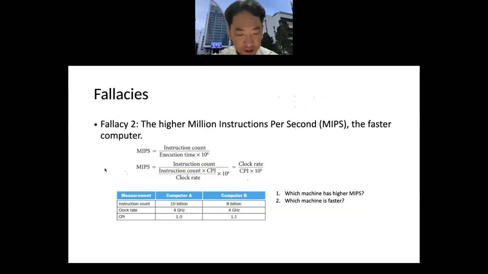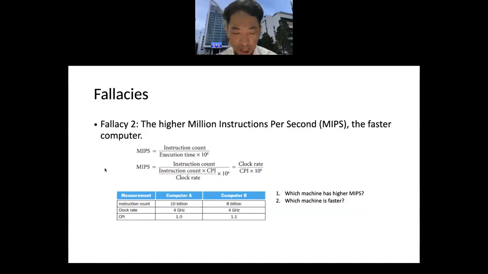The next, fallacy number 2. Long time ago, we used this number, MIPS, million instructions per second, to give the user the idea of how fast the machine is. But nowadays, we don't use this number anymore. Why don't we use this number anymore?